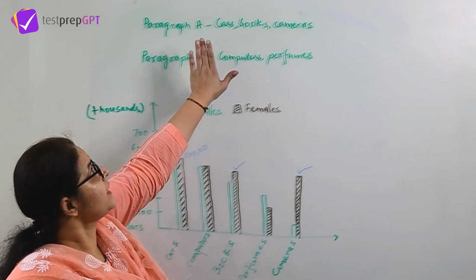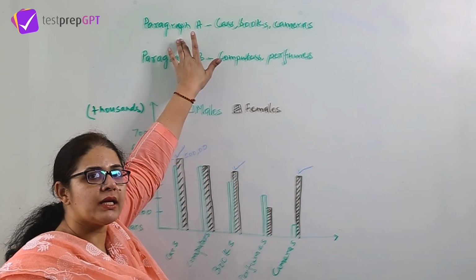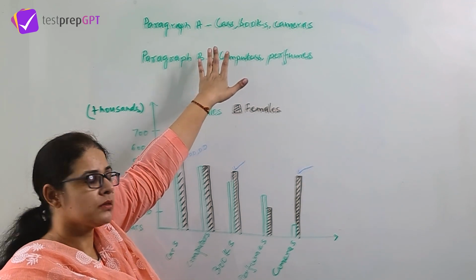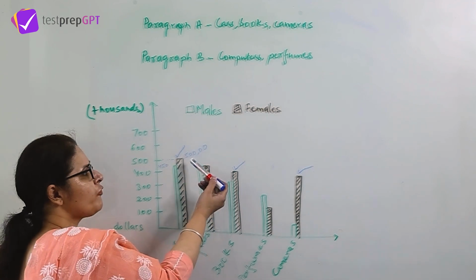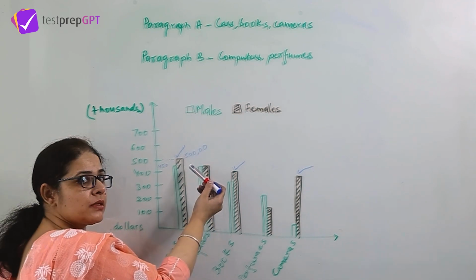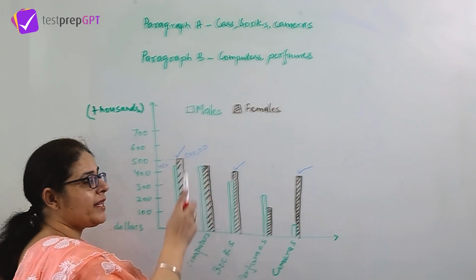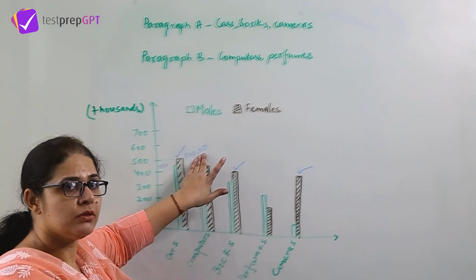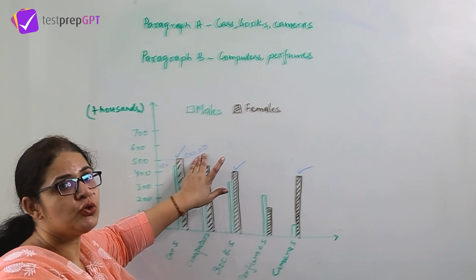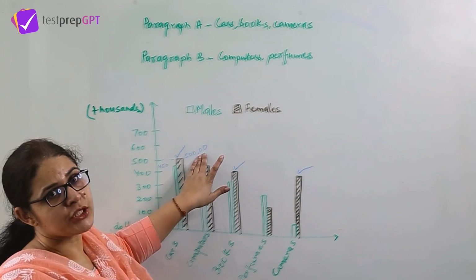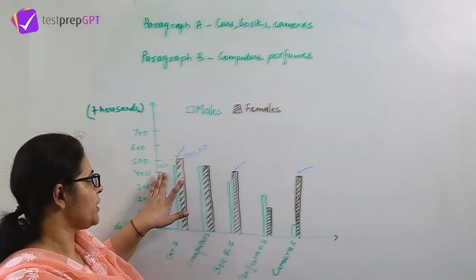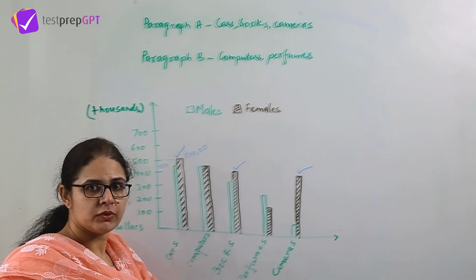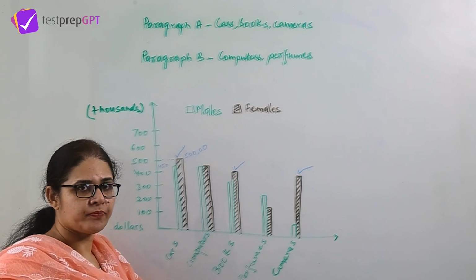So if you look at paragraph A, our first sentence could be, in terms of cars, females spent more money, and then in brackets, you can write 500,000, as compared to men who just spent $450,000. Full stop. So that is the first sentence.